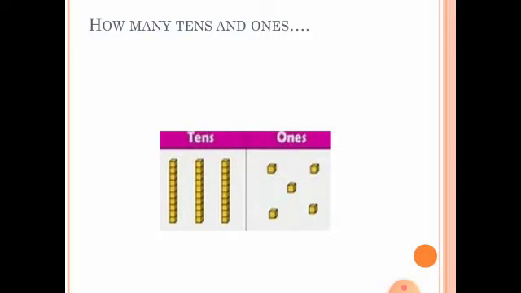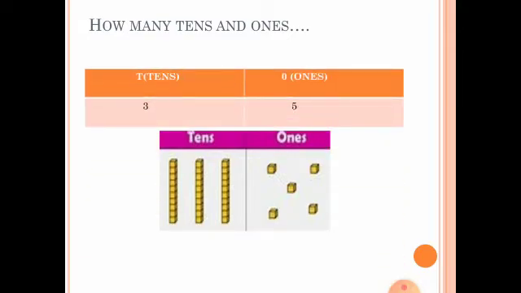It means that 10 plus 10 is 20, 20 plus 10 is 30. There are 3 tens. We will not say 30 tens, because 3 tens and 30 are the same. You will either say 30 or you will say 3 tens. So it is written 5 ones and 3 tens.